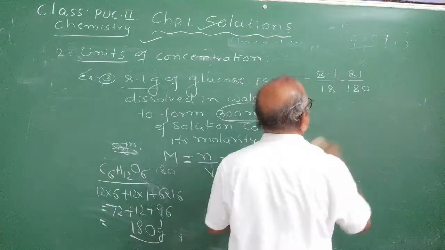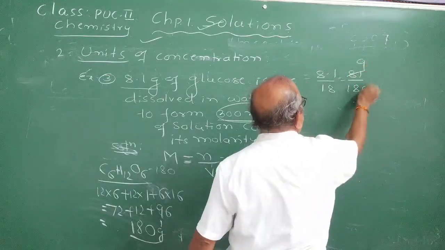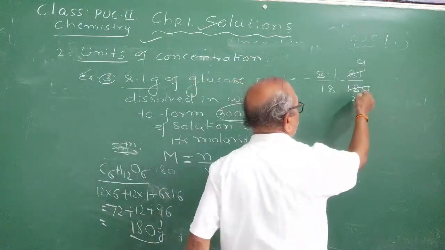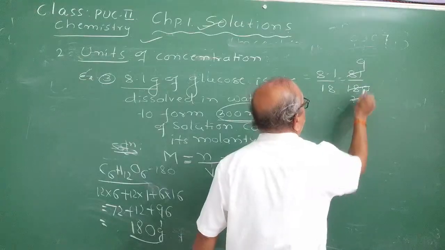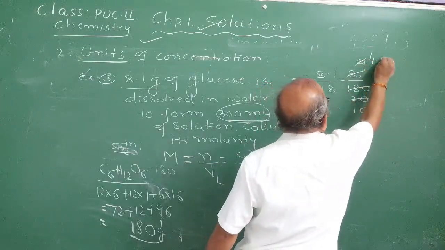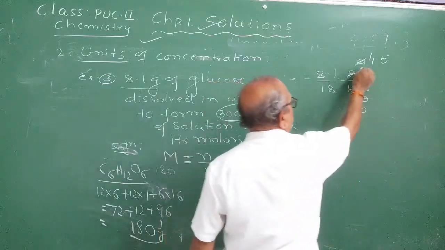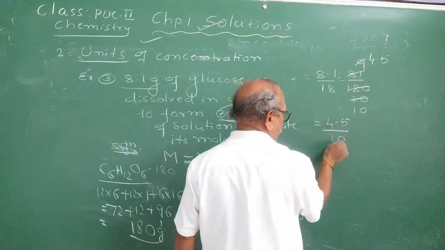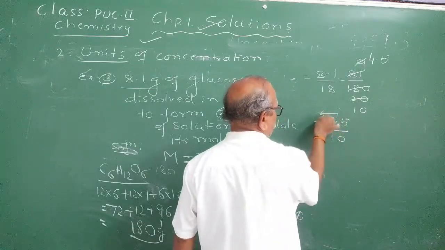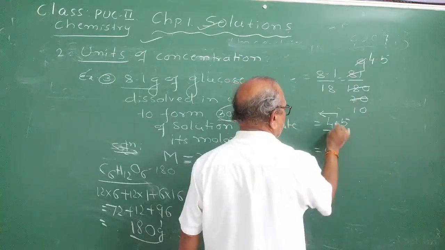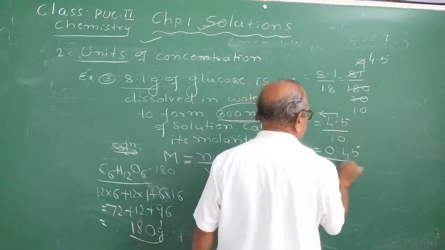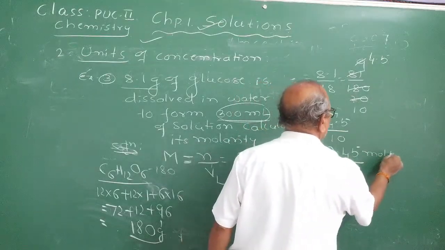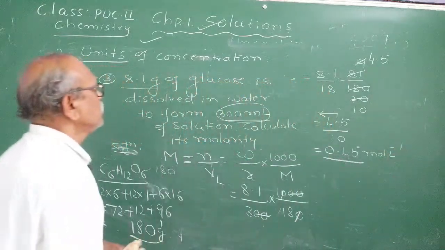Check if anything cancels. 9 9s are 81. 9 2s are 18. You get 4.5 divided by 10. Whenever a number is divided by 10, you shift the decimal point to the left. Expressed in standard form, that is 0.45 mole per liter.